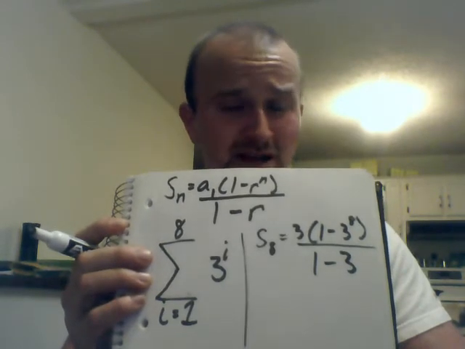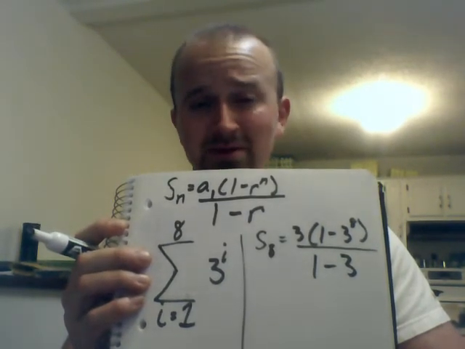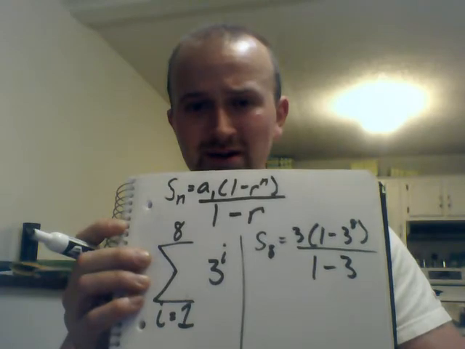Now it's going to take a couple steps, and the numbers get big, but we're going to find this out. 3 to the 8th is the first thing we need to do, and I don't know that, so I'm going to use my calculator. 3 to the 8th is 6,561. So now I have 3 times 1 minus 6,561, all over 2. 1 minus 3 is negative 2.